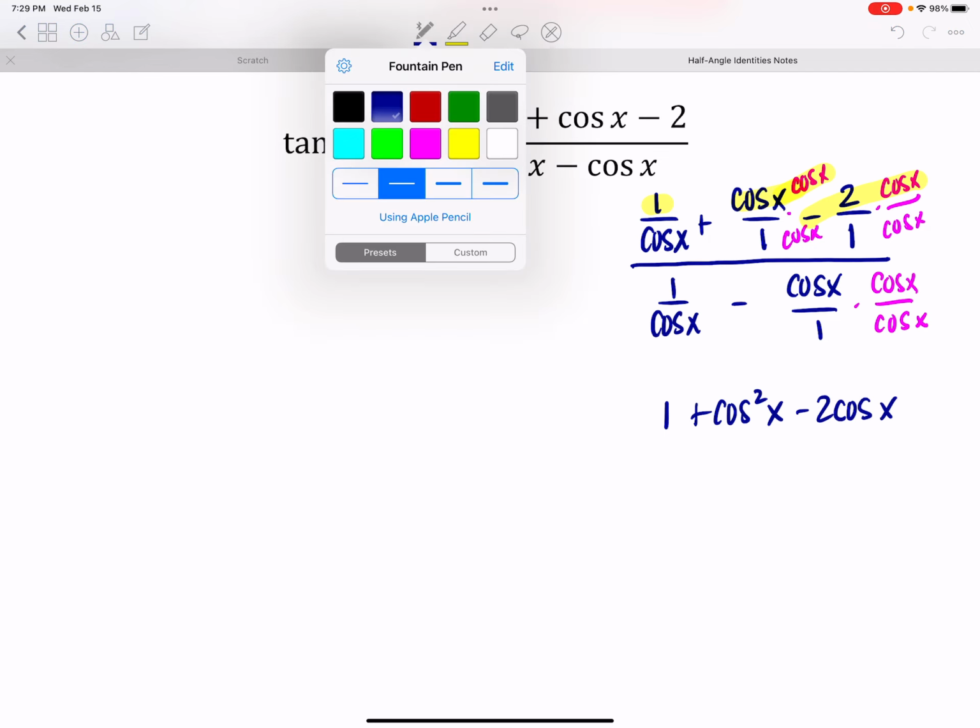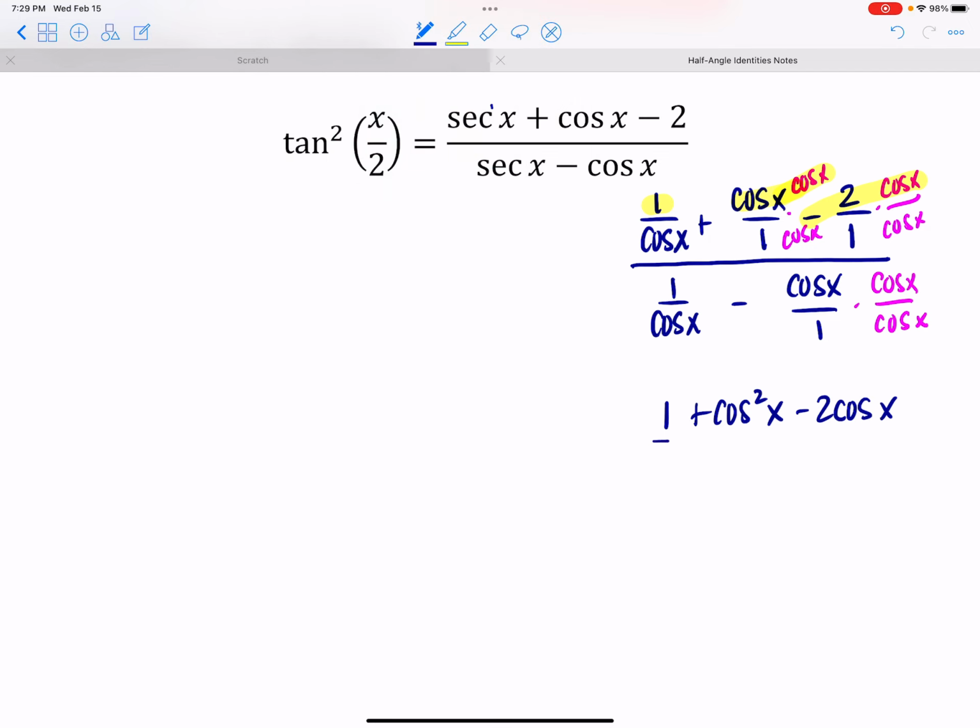And then on the bottom of this fraction, again, my numerator's 1 here, and then minus cosine times cosine, which would be a minus cosine squared.